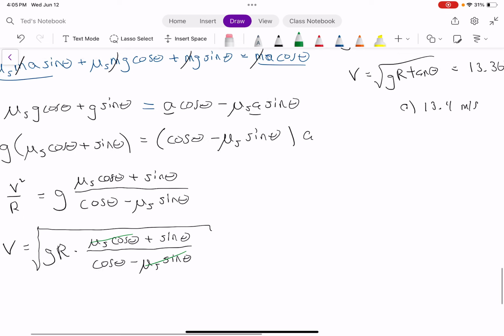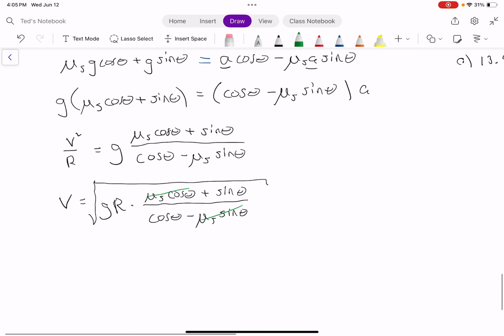Cool. Okay, what about if the angle was 0? If the angle was 0, then sine theta would be 0, and cosine theta would be 1.